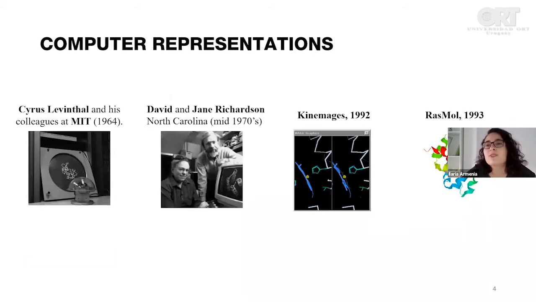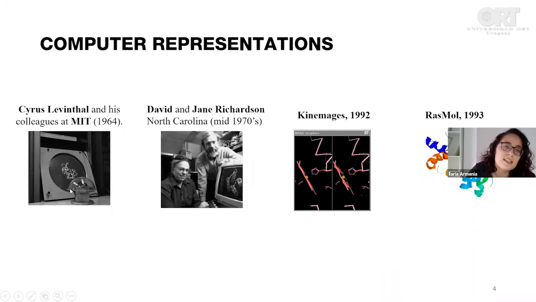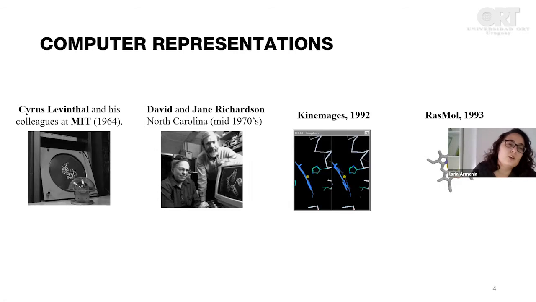So, going to computational representation, the first time that we could see a protein structure on a computer, or something similar to a computer, was in 1964 at MIT in the USA. With an oscilloscope, they were able to visualize the structure of the protein starting from the X-ray diffraction pattern.